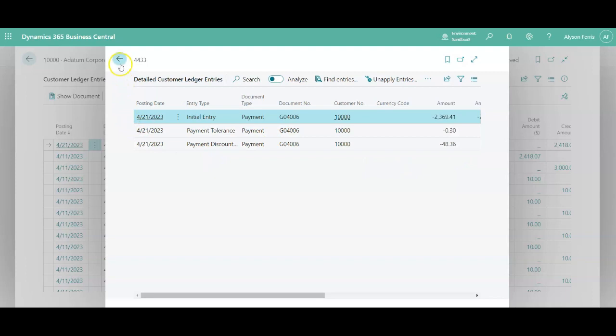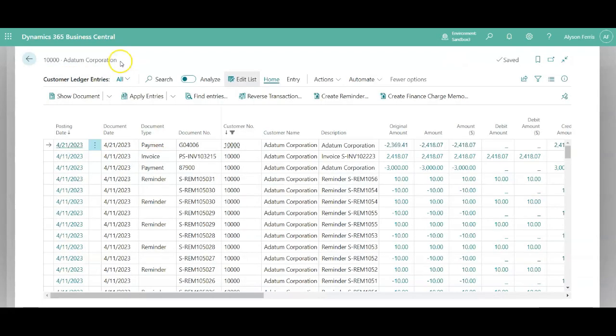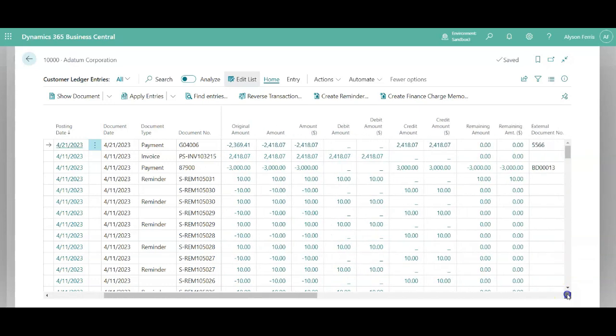Add up to the total of the original amount of the invoice. And here that is, the invoice it was applied to. If I just scroll over, you see both of those have a remaining amount of 0 because we fully accepted that short payment. We allowed the discount and applied it to the invoice, and now both the payment and the invoice are cleared off the customer's account.